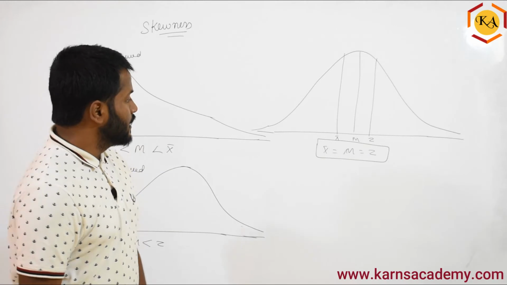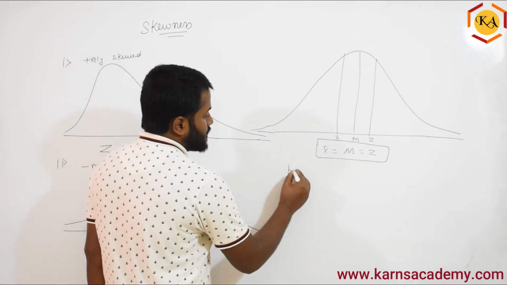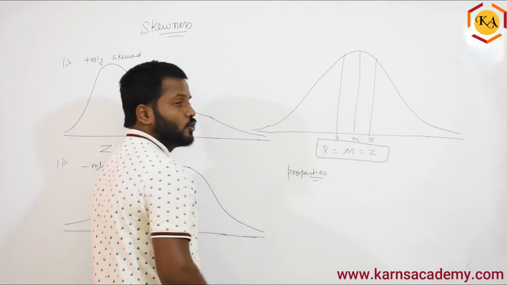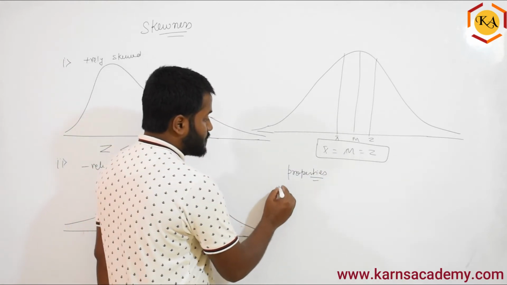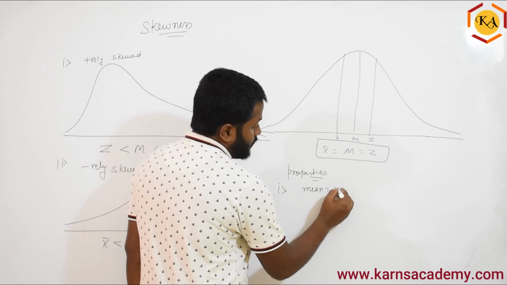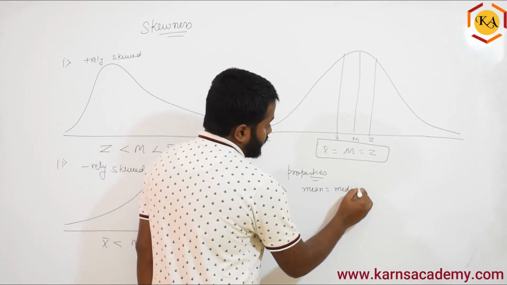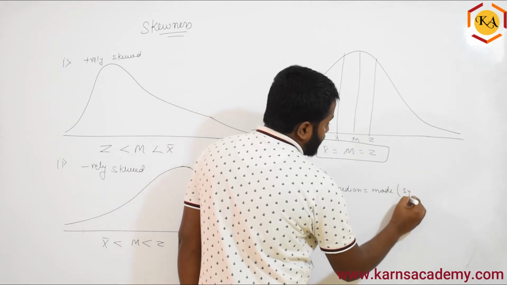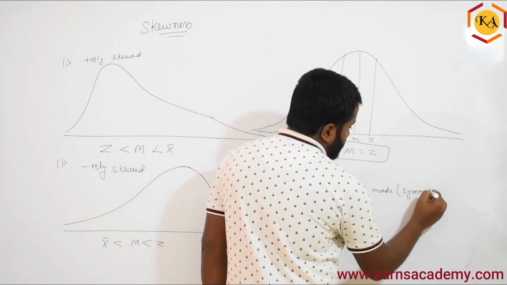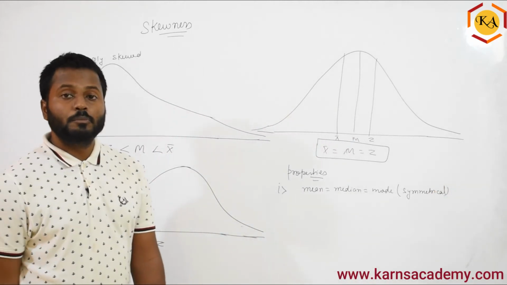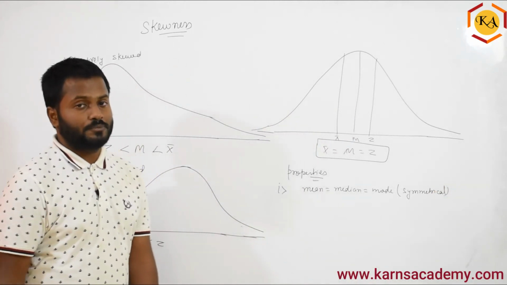But before that, let's study the properties of skewness. The first property is very simple: mean should be equal to median should be equal to mode if the data is symmetrical. So when do we call the data symmetrical? If your mean, median, and mode are all equal.